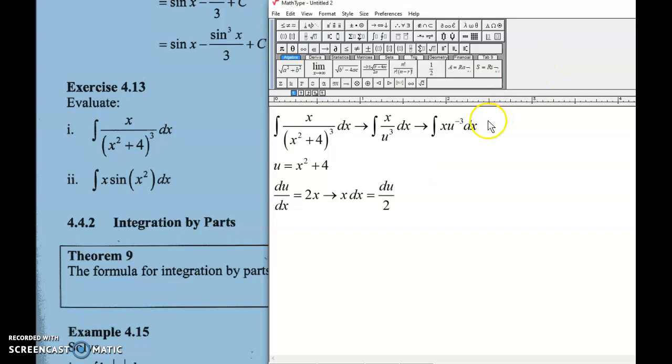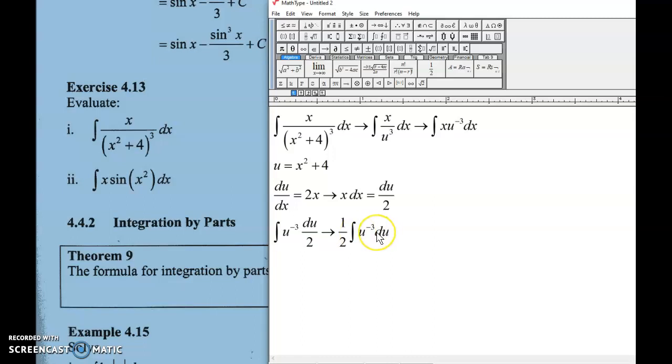In other words, we can substitute x dx with du over 2. Now we can substitute it in our formula to remove x. As you can see, now we have u to the negative 3 times du, so everything is in u terms. And of course, now we have a constant here. Just move it out to make things simple later in integrating this function.